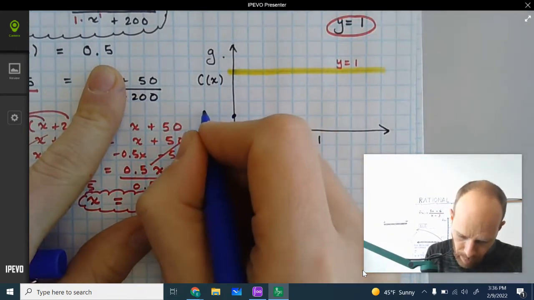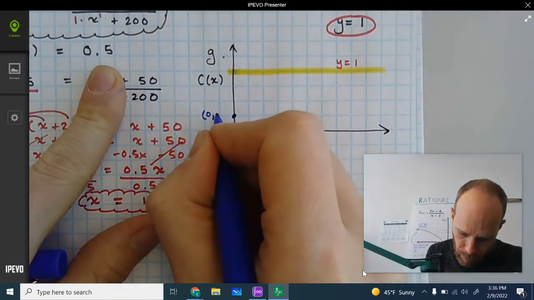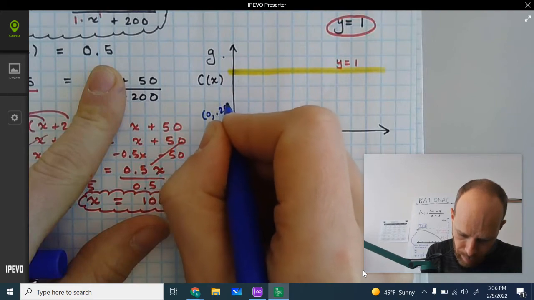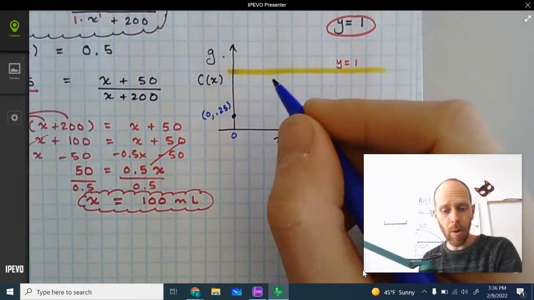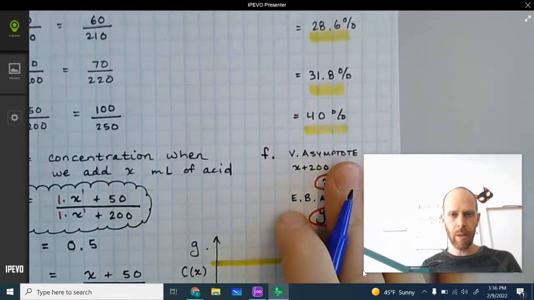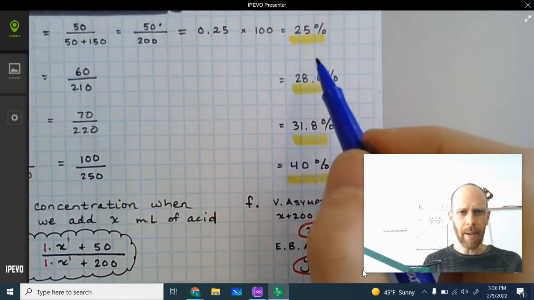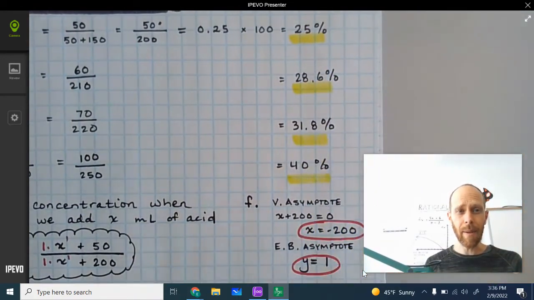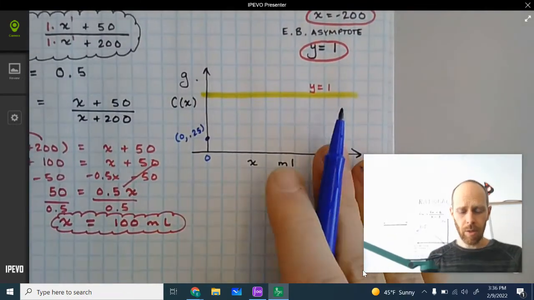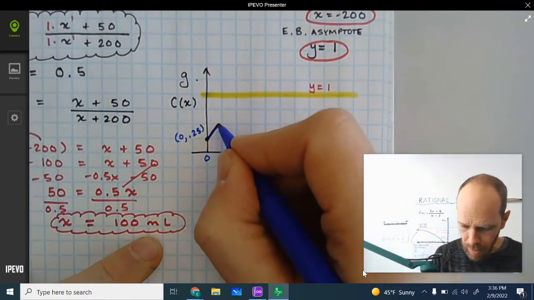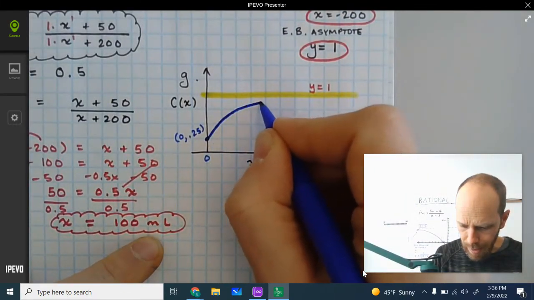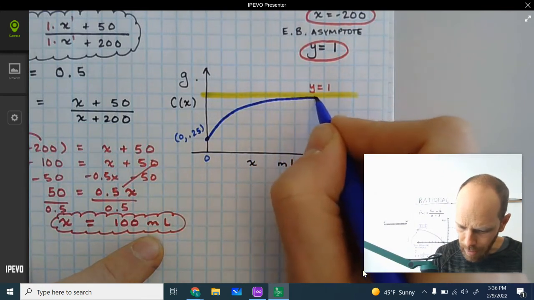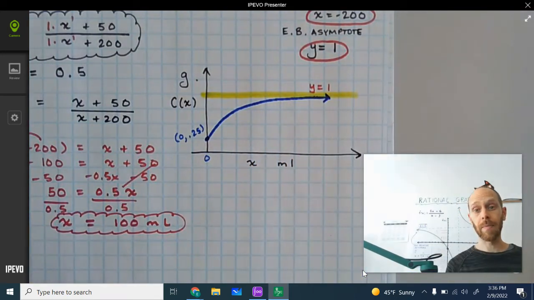So I'm going to start right here, we know this goes through (0, 0.25). And we also know that the concentration keeps going up as x increases. So it's going to look kind of like this. It's going to go up, but it's going to level off, and it's never quite going to hit that end behavior asymptote.